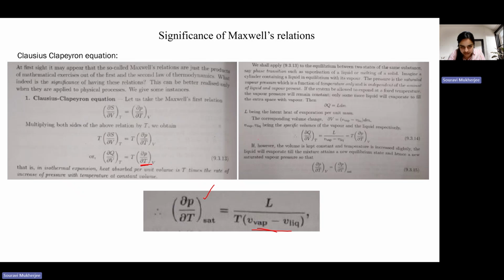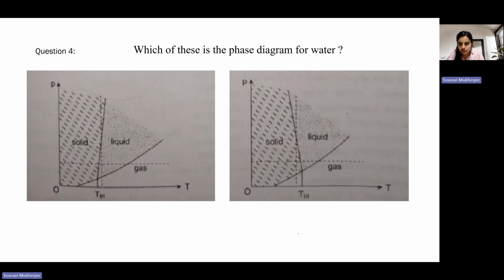So if del P del T is negative, that means V liquid is less than V solid, which happens for water. For water, the volume of liquid is less than the volume of solid when this transition is happening. That means this negative slope tells us that this is the phase diagram of water.